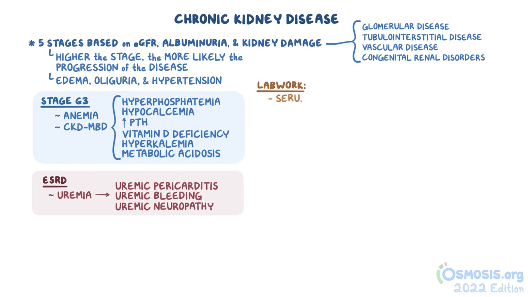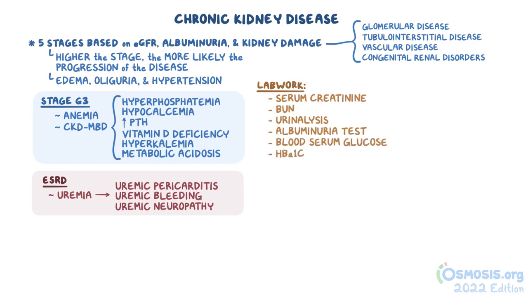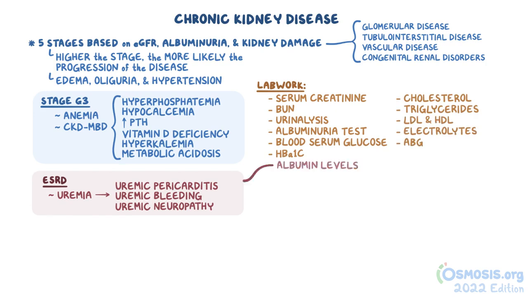Lab work includes serum creatinine, BUN, urine analysis, albuminuria test, blood serum glucose, HbA1c, cholesterol, triglycerides, LDL and HDL levels, electrolytes, and an ABG. With ESRD, albumin levels should also be checked.